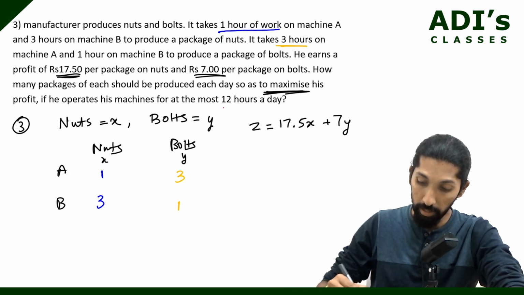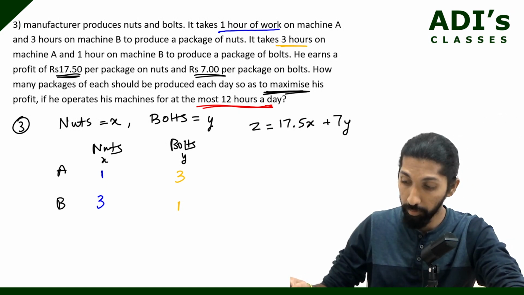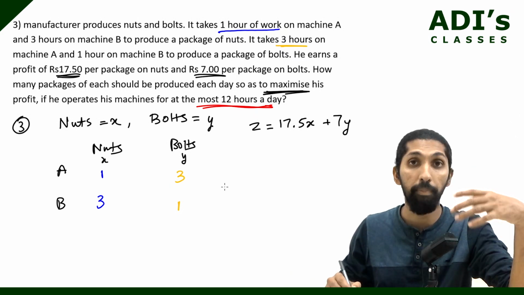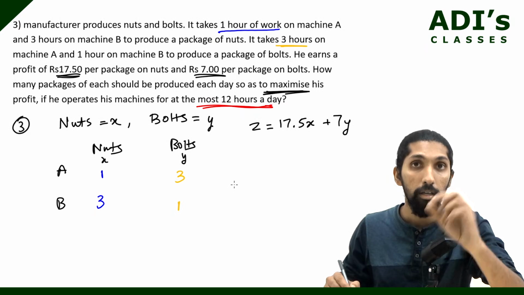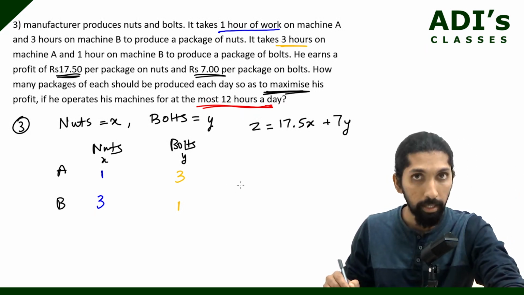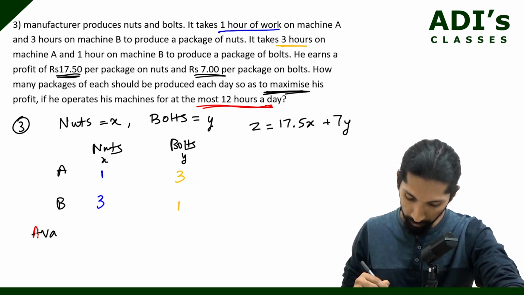That is 12 hours a day. Extremely important part of the problem. Because we have the nut, we have the bolt, we have how many packages have to be made, everything. But the time availability is how much? It's only 12 hours a day. Correct? So we have the last part, availability.